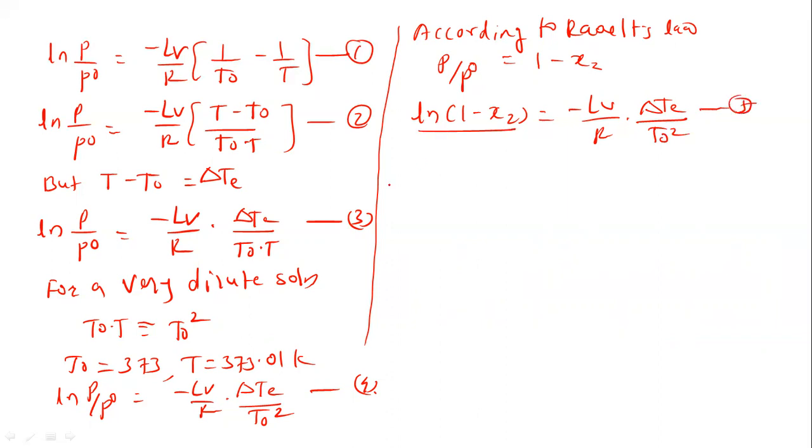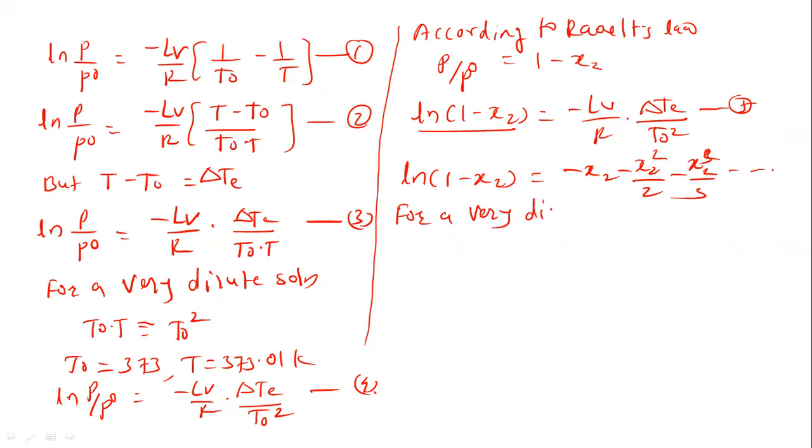Now the logarithmic expansion of ln(1 minus x2) can be written mathematically as minus x2 minus x2 square by 2 minus x2 cube by 3, like this. Now once again, for a very dilute solution, the higher powers of this mole fraction will be neglected. x2 is the mole fraction of the solute.